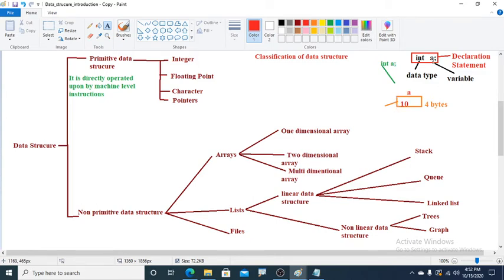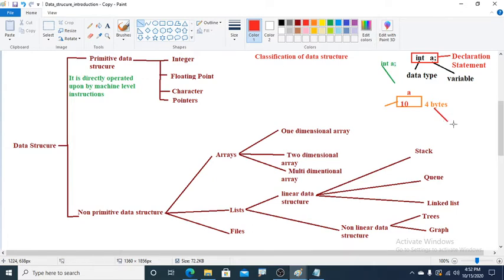Why? Because a is declared as integer. This memory is allocated by whom? Not by me and you.